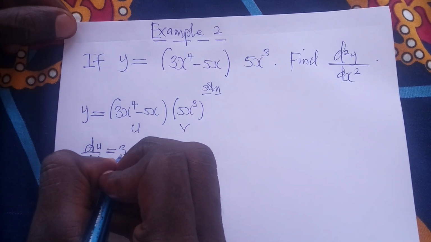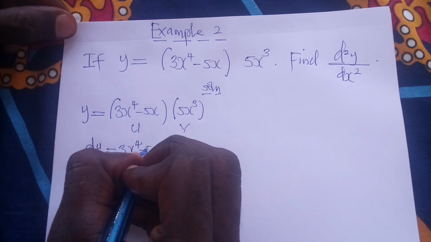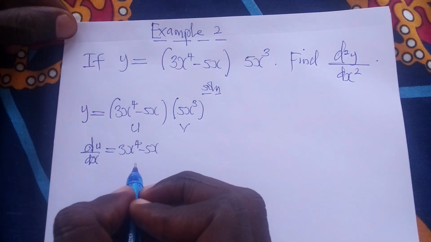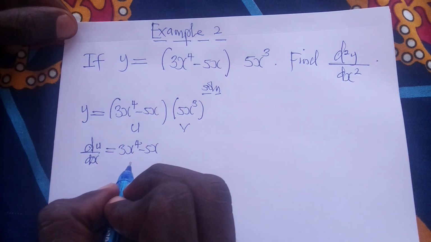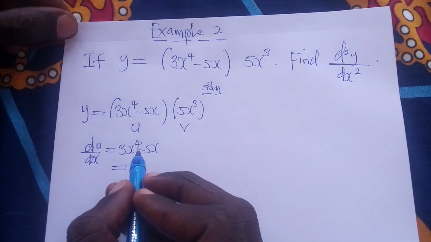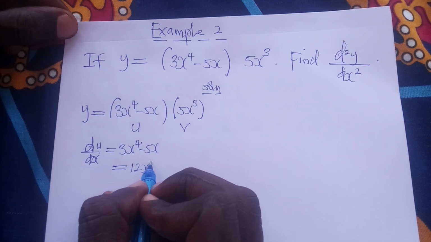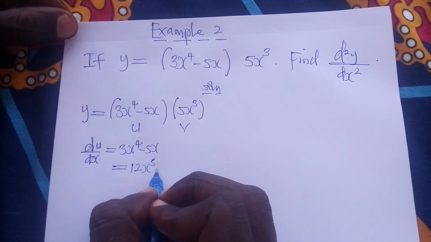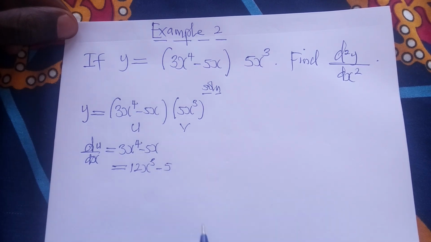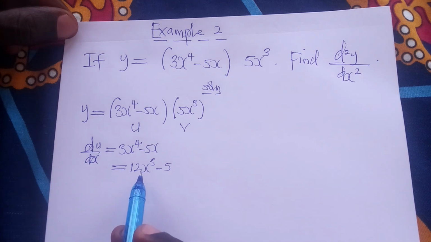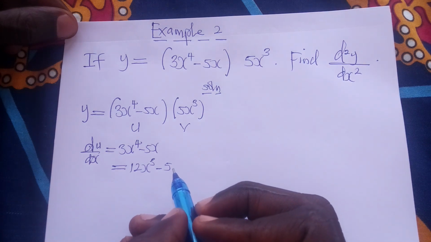Then differentiating 3x raised to the power 4 minus 5x, you're going to have 3 times 4 giving you 12x raised to the power 3 minus 5. Okay, now let's keep this one.